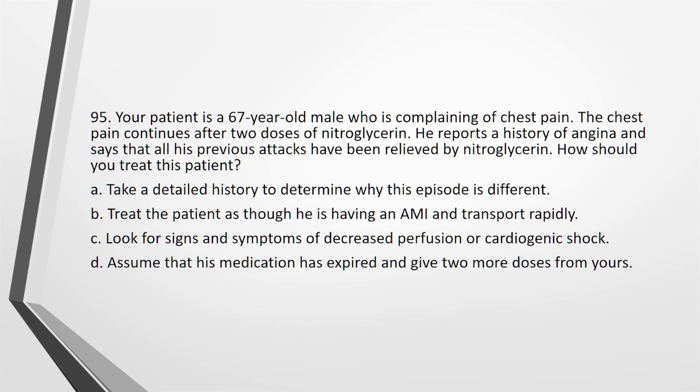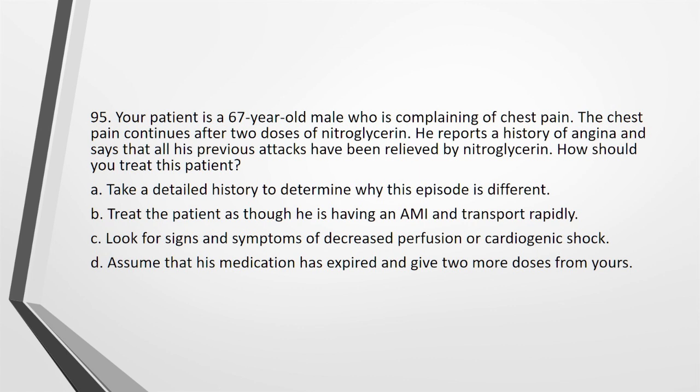95. Your patient is a 67-year-old male who is complaining of chest pain. The chest pain continues after 2 doses of nitroglycerin. He reports a history of angina and says that all his previous attacks have been relieved by nitroglycerin. How should you treat this patient? A. Take a detailed history to determine why this episode is different. B. Treat the patient as though he is having an AMI and transport rapidly.